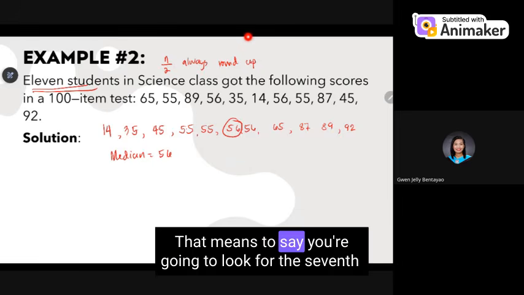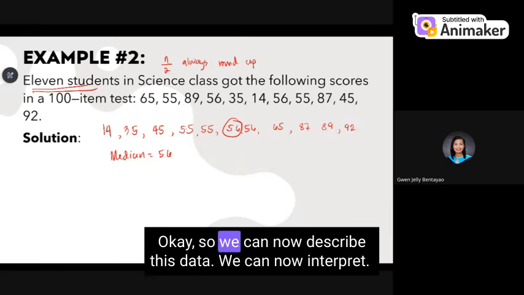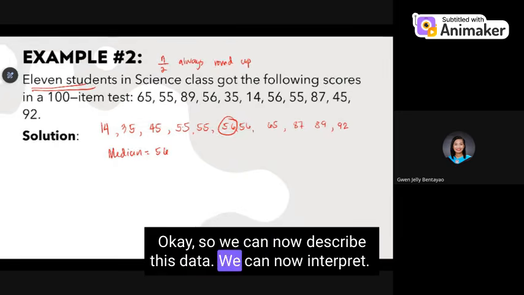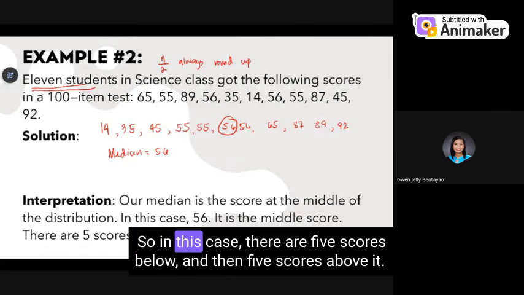That means you're going to look for the seventh element or the seventh data in that data set. Okay, so we can now interpret. Our median is the score at the middle of the distribution. In this case, there are 5 scores below and 5 scores above it.